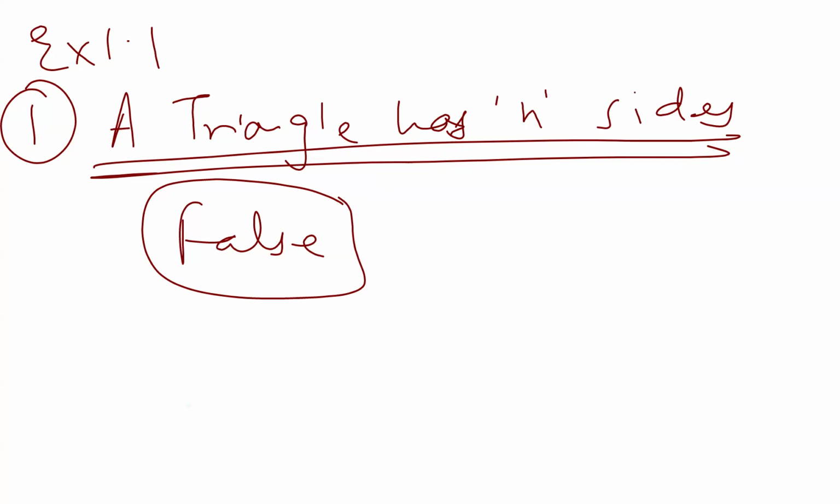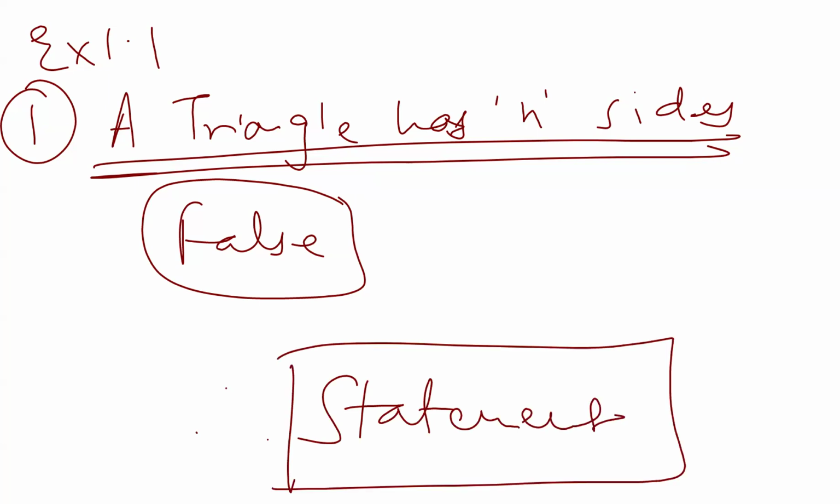So it is a statement. Therefore, it is a statement. Even if it is false, it is a statement. Second question: the sum of interior angles of a triangle is 180.